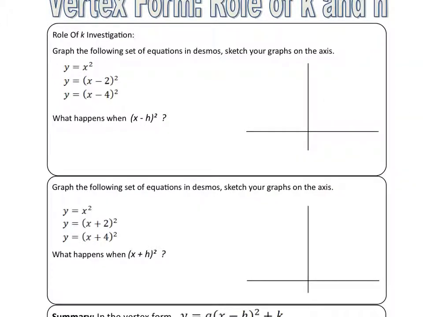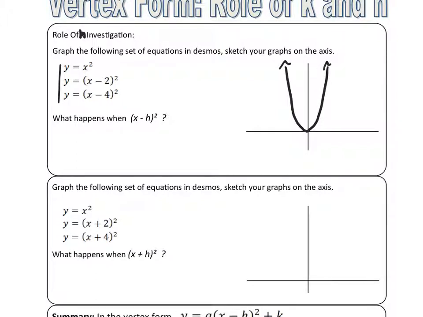So then if you did the second part, I just moved over to the second page. If you did the second part of this investigation, this should be h, sorry guys, we would have graphed these 3 equations into Desmos, and you should have noticed this. The first one was here.